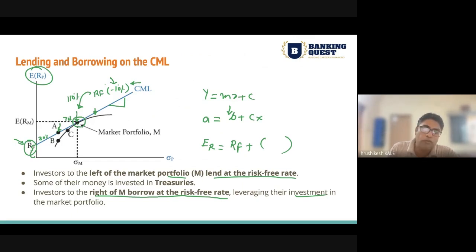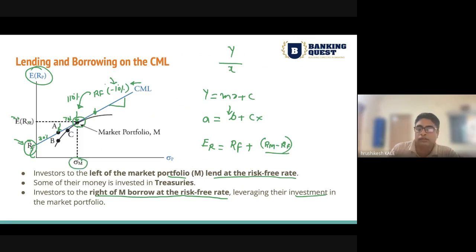this is the slope. How do you calculate slope? Slope is nothing but y upon x. How much is the y? Y is nothing but return of market minus risk-free rate. How much is the x?